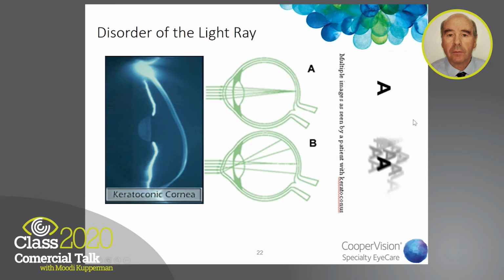Okay, this is the idea. We have a normal cornea, we can see very nicely, but when we have a distorted cornea, we have very distorted vision, so we have to do something.